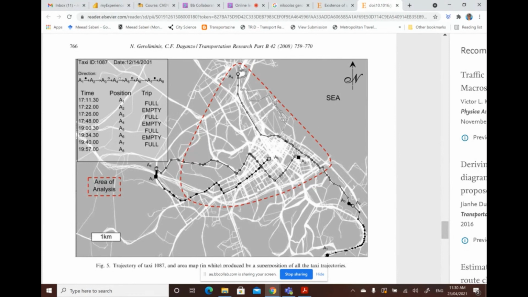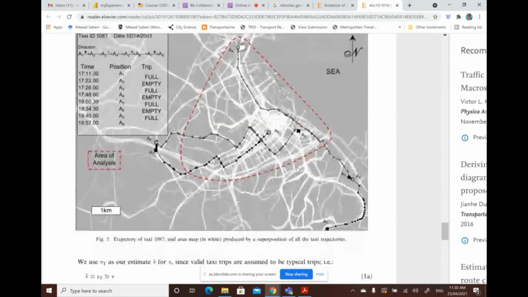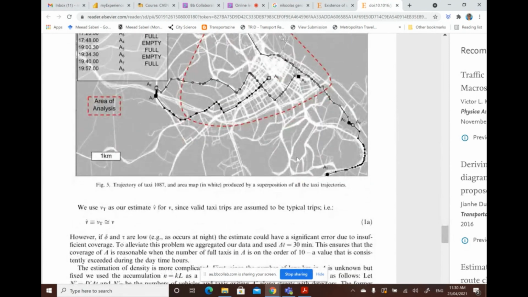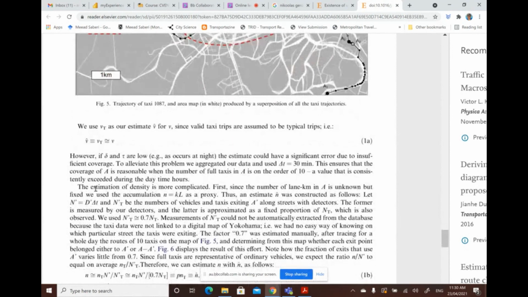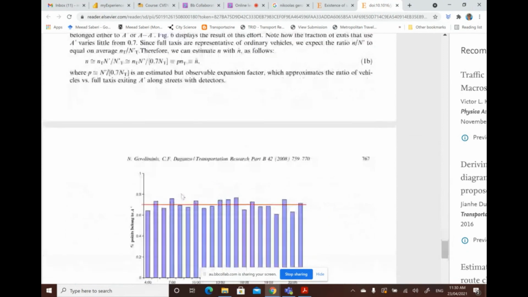So they use some GPS data from Yokohama for this specific area that they have shown here, and they wanted to estimate the MFD for this specific area. And again, look, the estimation of density is a bit more complicated. Number of vehicles in the network is density multiplied by the length of the network, very similar to the thing that I just touched on in my slides.